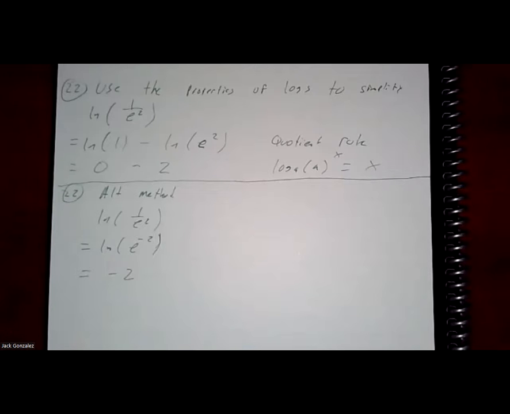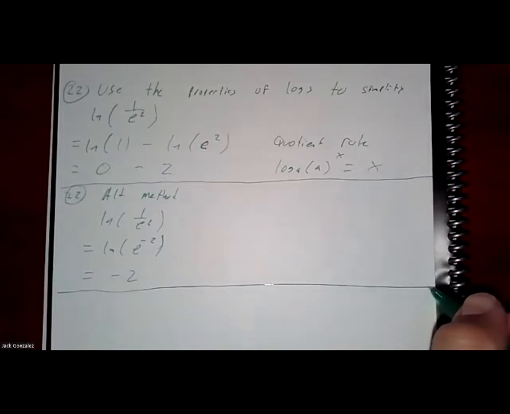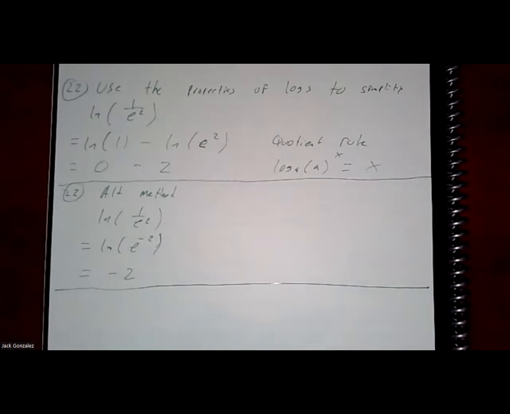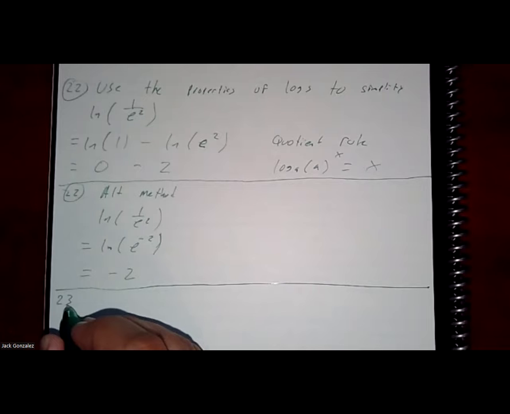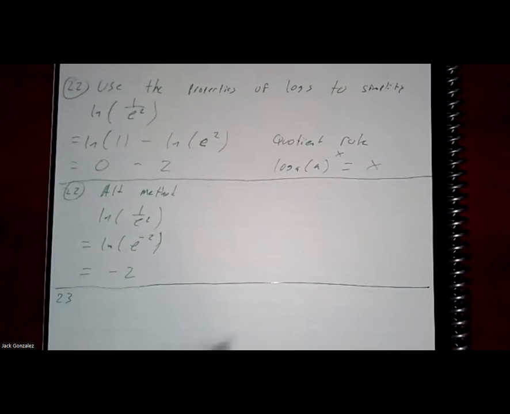Which is the same as this. As long as you use legit properties, you'll be fine. Just make sure you do it correctly. 23 is the same thing. So let's move on to something else.